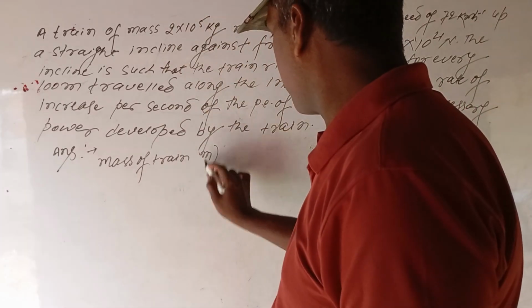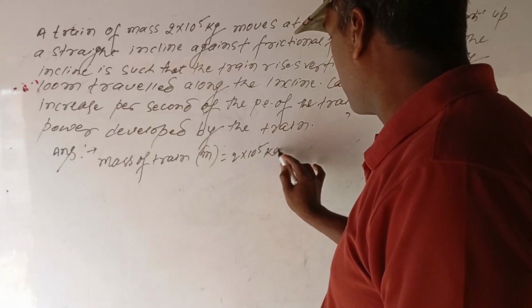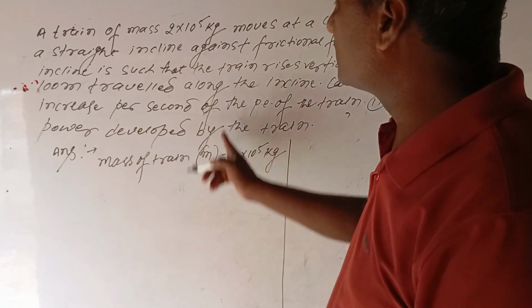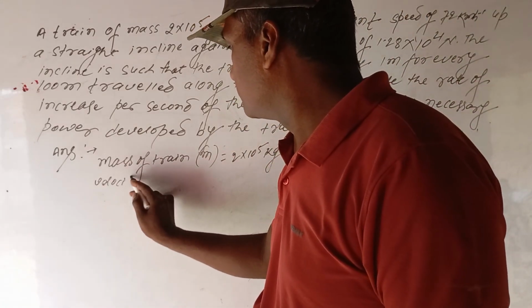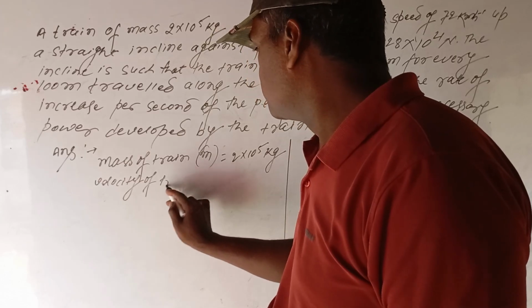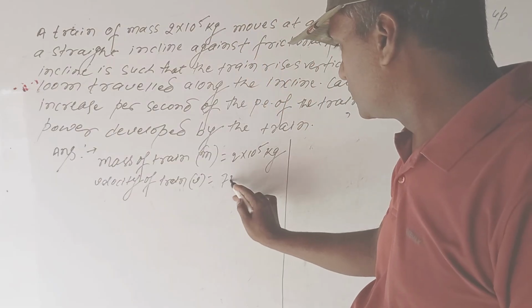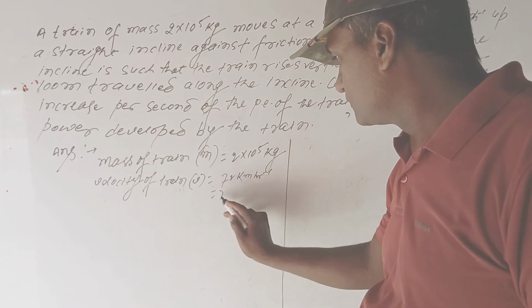I want to tell one thing about frictional force: it always acts in the opposite direction of the applied force. As the train travels 100 meters on the inclined plane, its height increases by 1 meter. Therefore, in the solution we'll use sin theta = 1/100.